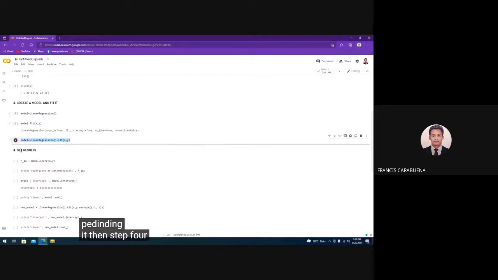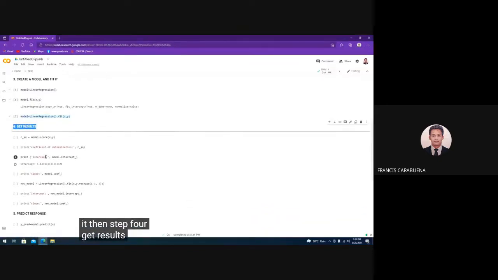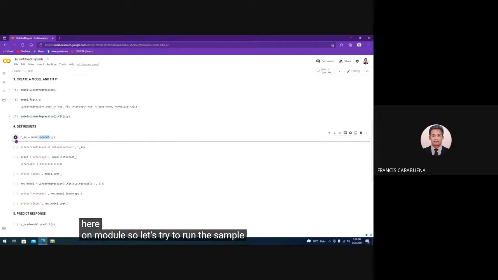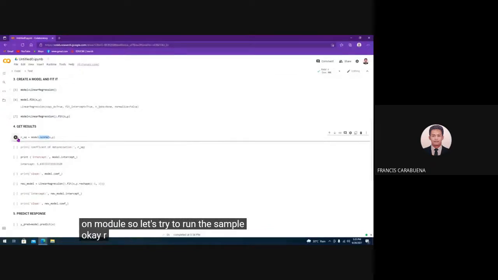Then step 4, get results. Once you have your model fitted, you can get the results to check whether the model works satisfactorily and interpret it. You can obtain the coefficient of determination, R squared, with .score() here on model. So let's try to run this sample. Okay, r_sq = model.score(x, y), and run the program.